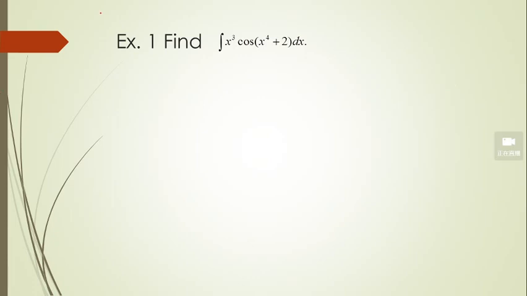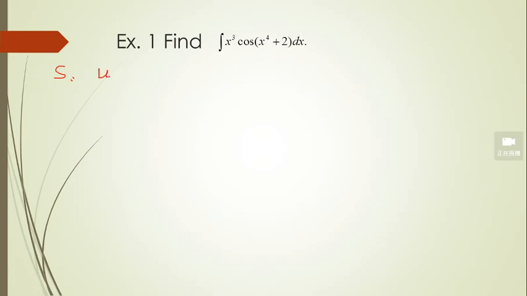Now let's look at example 1. I'm going to pop up several questions so you are able to follow me. Evaluate this indefinite integral: x cubed times cosine of (x to the 4 plus 2). Inside the cosine, it's not just x; it's a function of x.